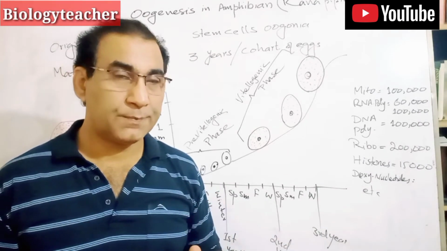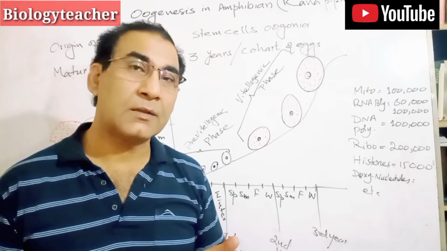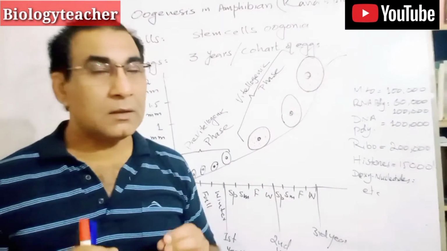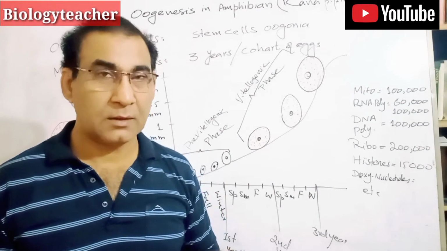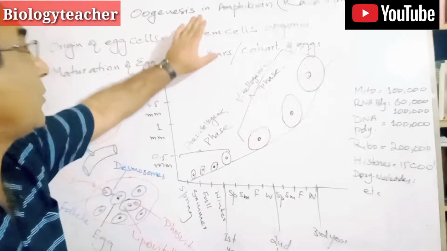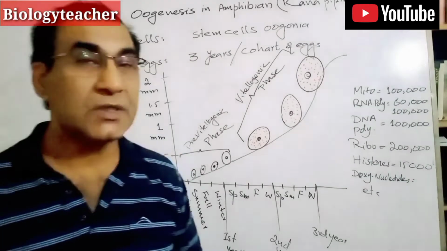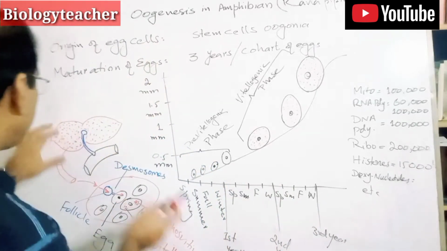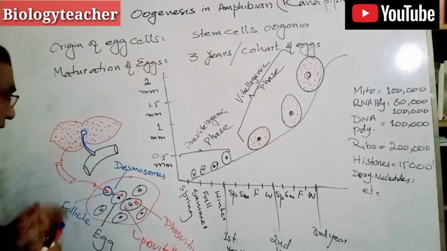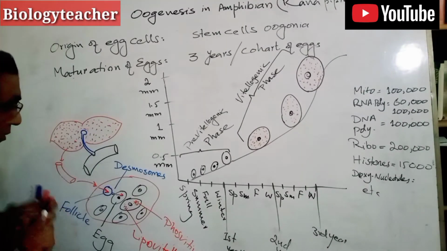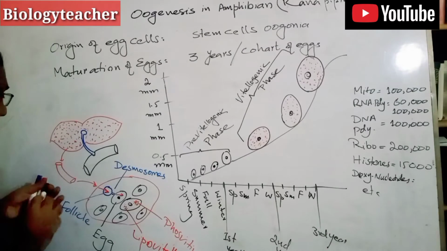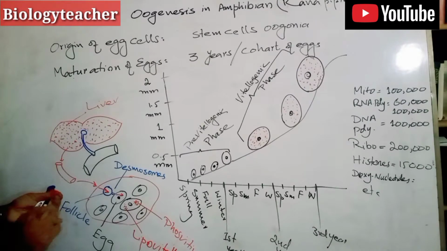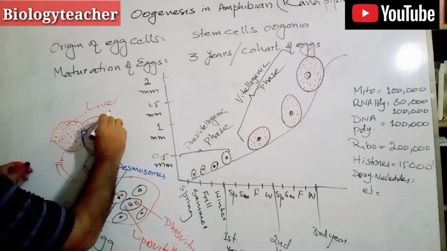In invertebrates like annelids, the yolk is produced with the oocyte, while in amphibian the yolk is not produced in the oocyte, rather it is transported via the bloodstream. It is produced in the liver, and I have drawn here the duodenum. This is the liver, and this is your gallbladder.